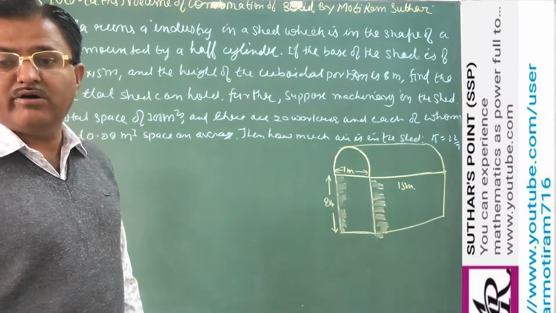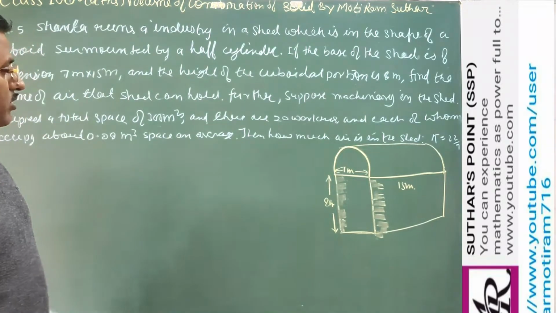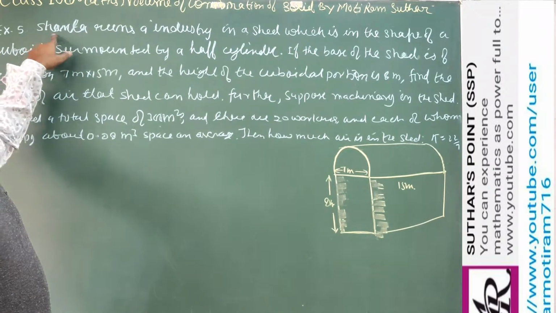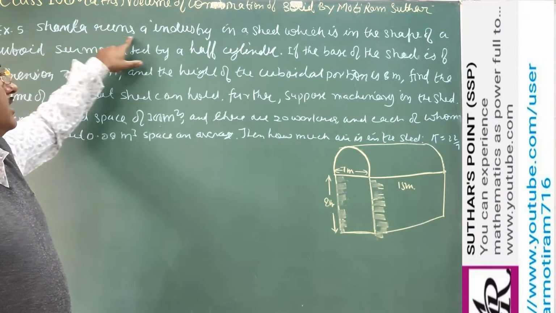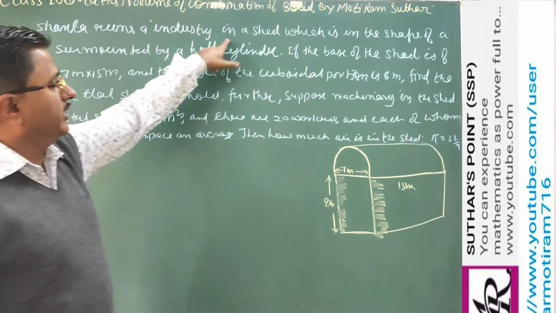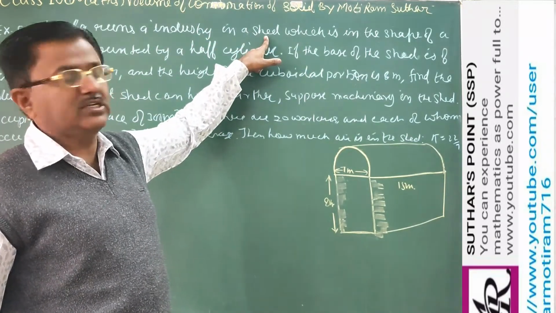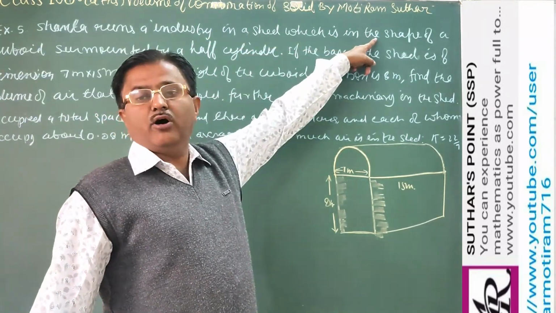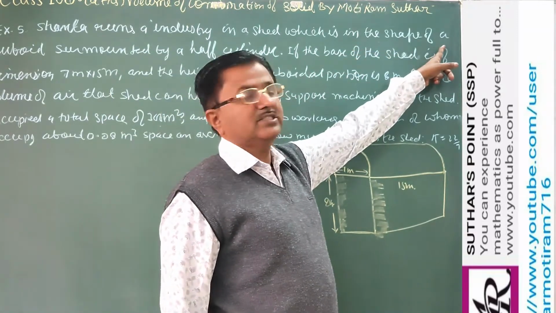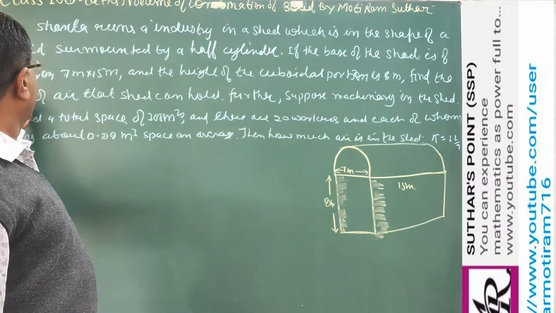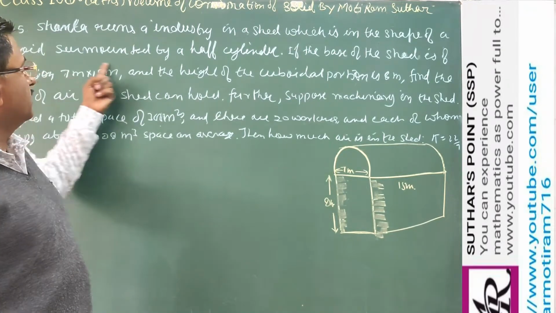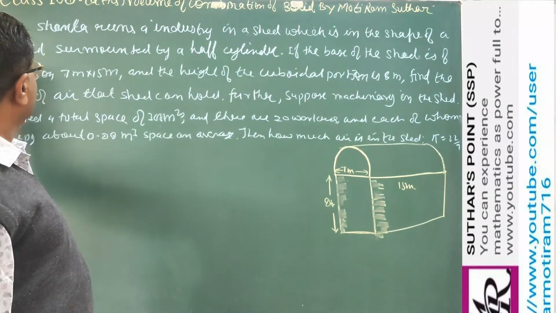See here, I have already written the example on the blackboard. Shanta runs an industry in a shed which is in the shape of a cuboid surmounted by a half cylinder.